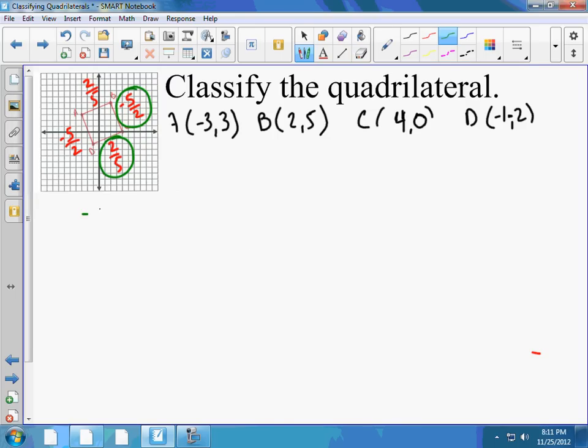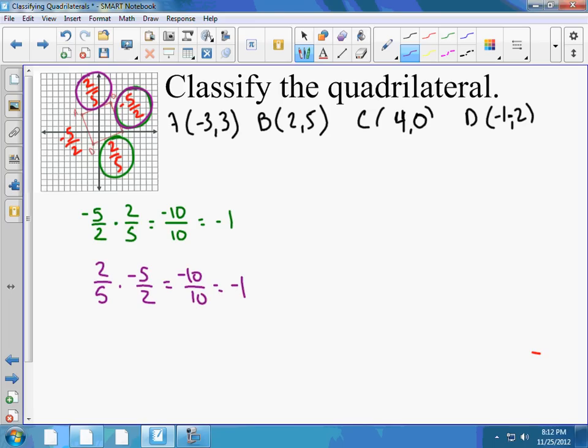Take a look at our first pair. Negative 5 halves times 2 fifths. That gets us negative 10 over 10, which is negative 1. Take a look at our next pair. We've got 2 fifths times negative 5 halves. That gets us negative 10 over 10, which is negative 1.